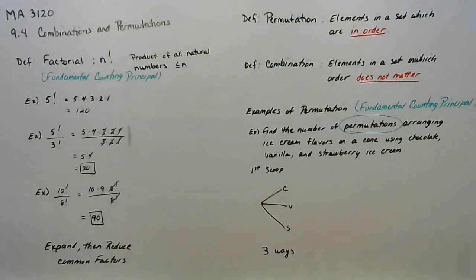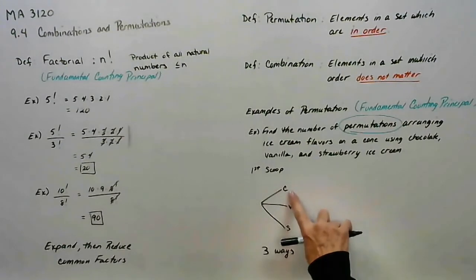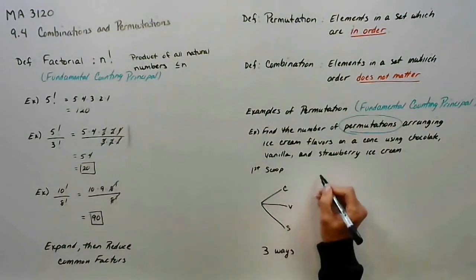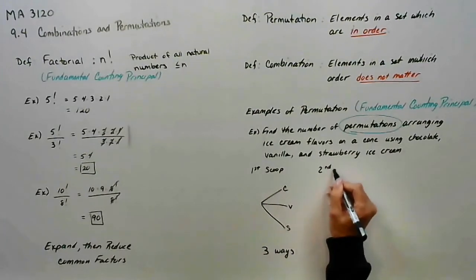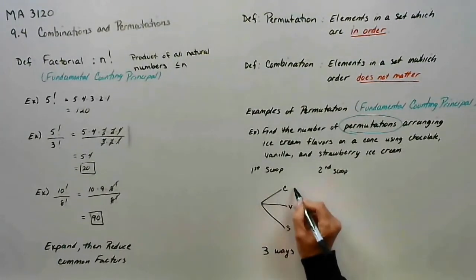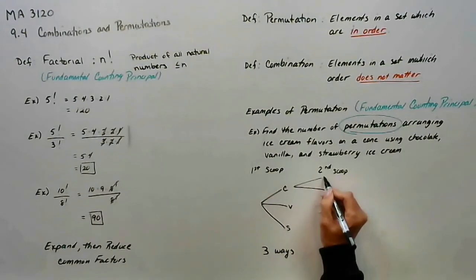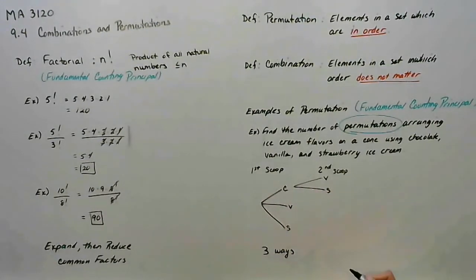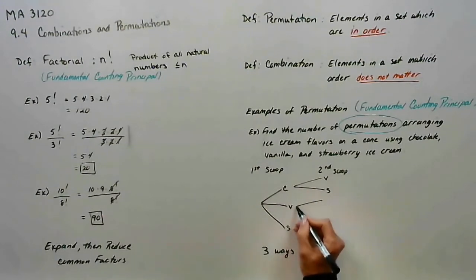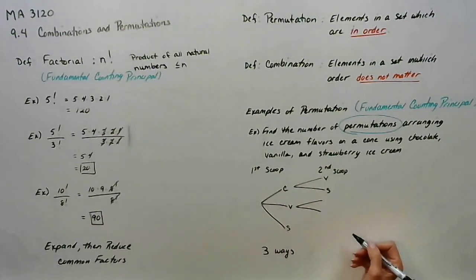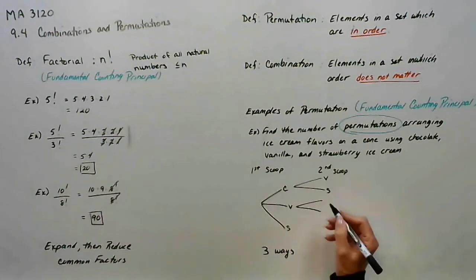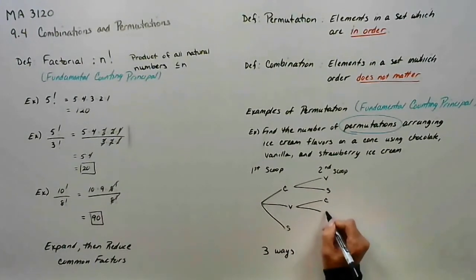Now, if order matters and the first scoop is chocolate, well then that means our second scoop can only be vanilla or strawberry. So we only have 2 choices. If our first scoop is vanilla, then we only have 2 possible outcomes for the second scoop. The first one's vanilla, the second scoop might be chocolate or strawberry.